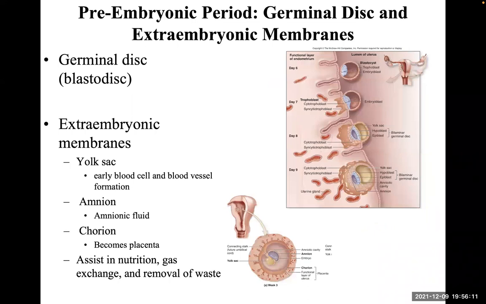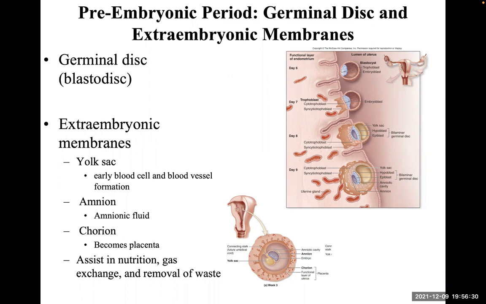And once the blastocyst is, so kind of at the end of week 2, fully embedded and has undergone enough differentiation, we start to call it, at week 3, really, an embryo.